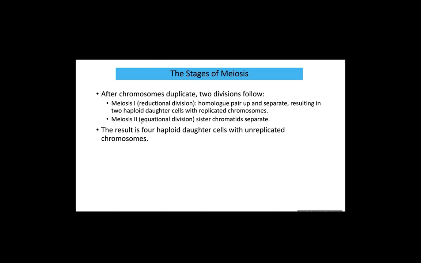Meiosis 2 is similar to mitosis because sister chromatid separation occurs during meiosis 2. The result is 4 haploid daughter cells, and each daughter cell has an unduplicated or unreplicated chromosome. We will get into more detail.